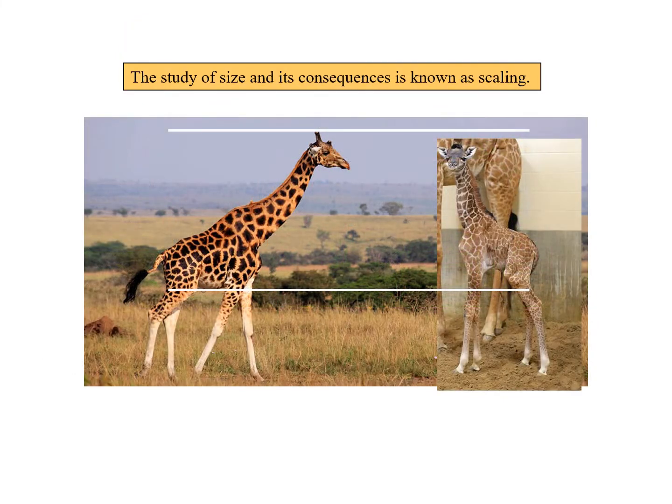You see this again in giraffes. The baby giraffe has limbs that are, in fact, proportionately longer than the adult's, right? They're just enormously long limbs for the relative size of the animal. And again, that's opposite to what we saw with humans.